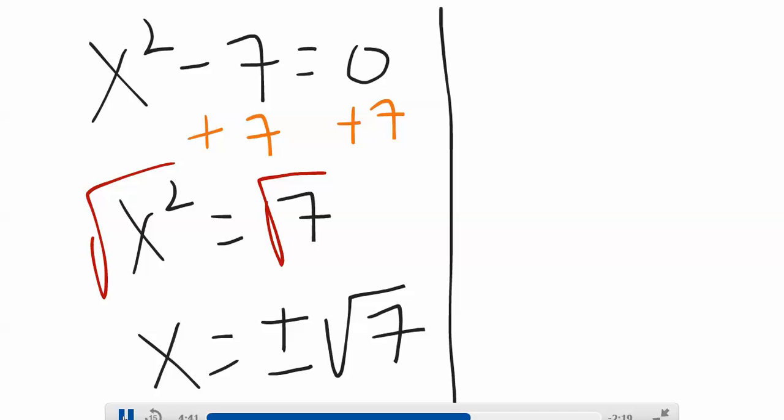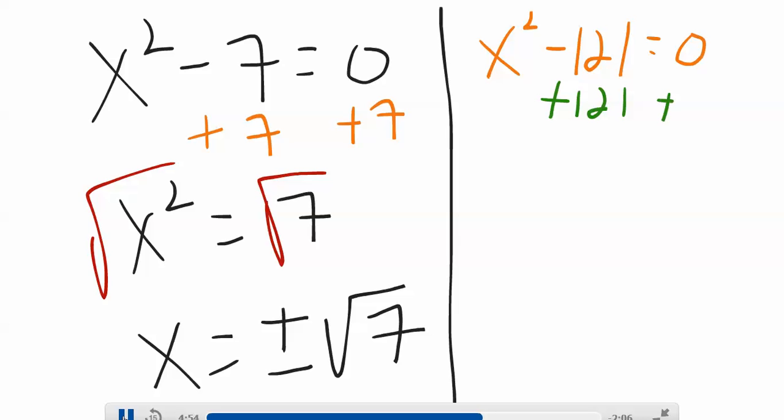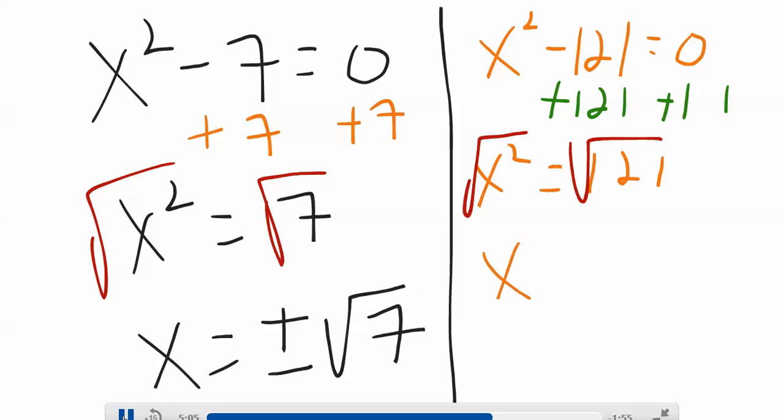We don't really need it this time. How about x squared minus 121 equals 0? First thing you're going to do is add 121 to both sides. So now you have x squared equals 121. And then I would square root both sides. So x is equal to plus and minus 11.